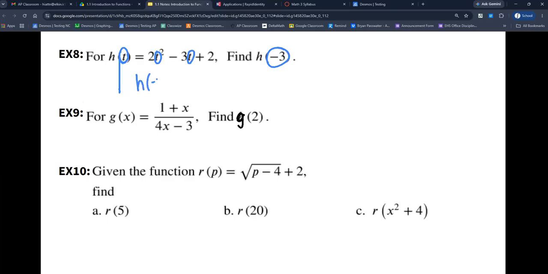H of -3. This is just a label. We're not doing anything with it, right? That just tells us we plugged in -3. And then we're going to do 2, parentheses, -3. The square goes on the outside of the parentheses. Minus 3 times, again, parentheses right here, plus 2.